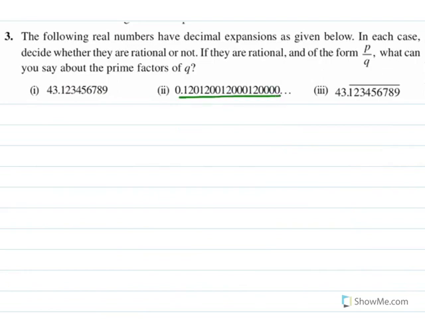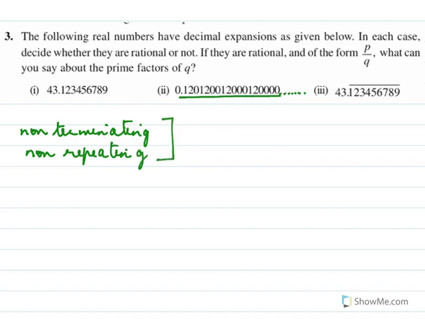Now for the next one, you see it has these dots, so definitely it is non-terminating. But it is also non-repeating. Have you seen there is no pattern as such? So it is non-terminating and non-repeating. If it is non-terminating and non-repeating, it is irrational.